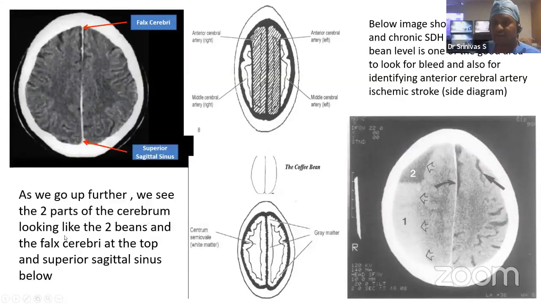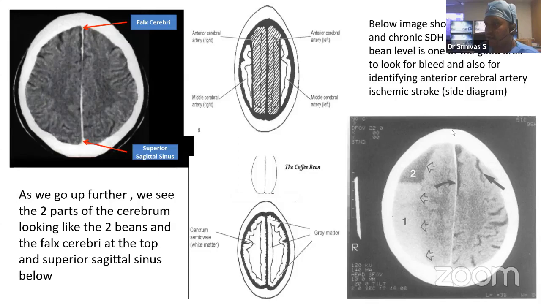two parts of the cerebrum looking like two beans, with the falx cerebri at the top and the sagittal sinus at the bottom. It looks like a coffee bean structure. And in this slice of the CT scan, you can see that this is an SDH. When blood is present in the CT scan, it appears as a bright structure.